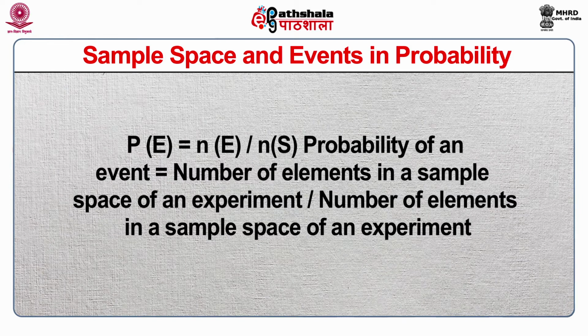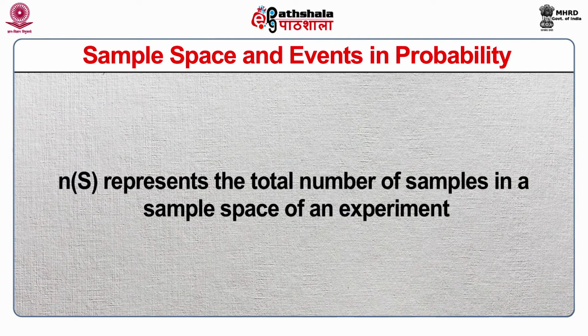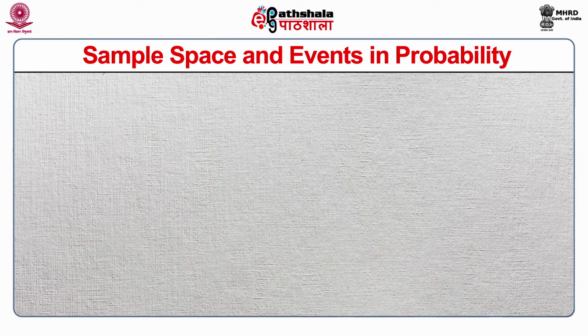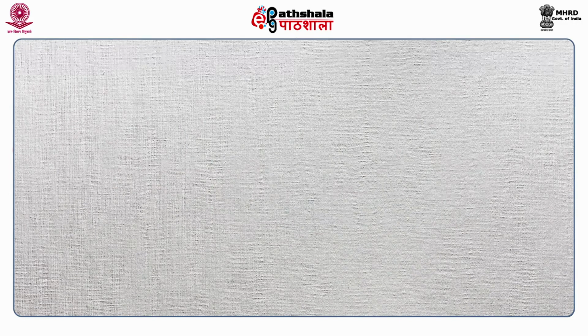Here, n(S) represents the total number of elements in the sample space of an experiment, n(E) represents the number of elements in the event set, and P(E) represents the probability of happening of the event.